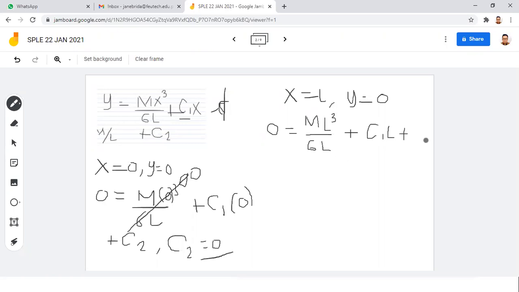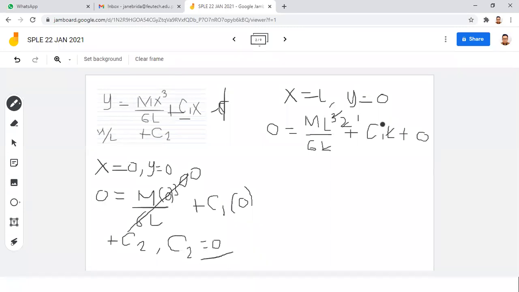So L cubed will become L squared, and here we divide both sides by L, cancel this one, it will become 1.